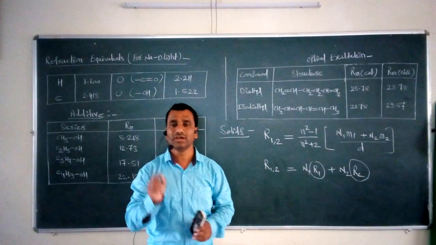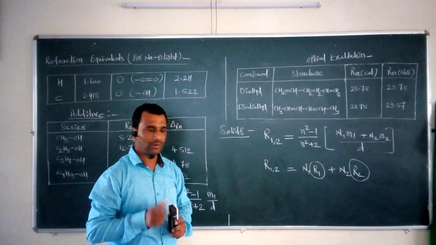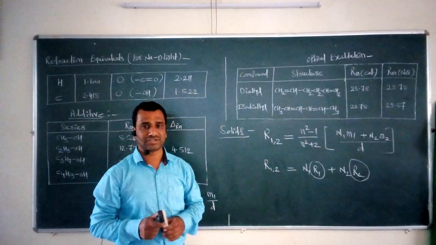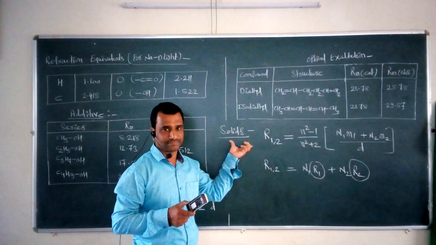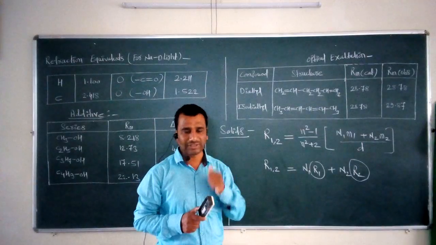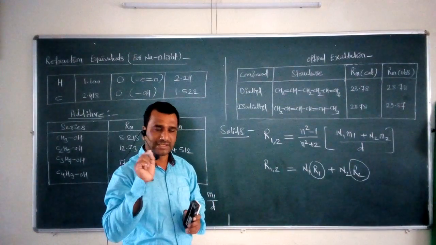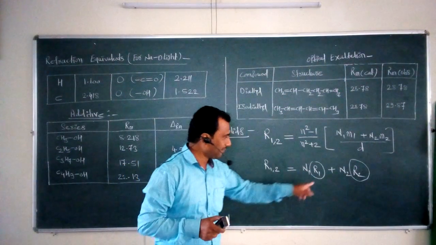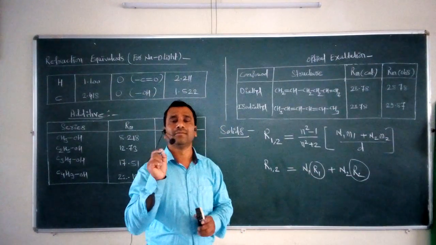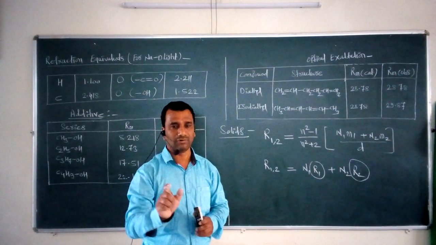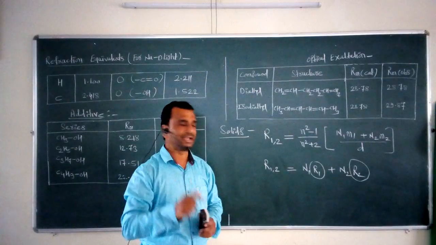Now from this given equation, if we are interested to calculate the molar refraction for the solute, and we know the magnitude of R1, the molar refraction of the solvent, then we may calculate R2, the molar refraction of the solute.